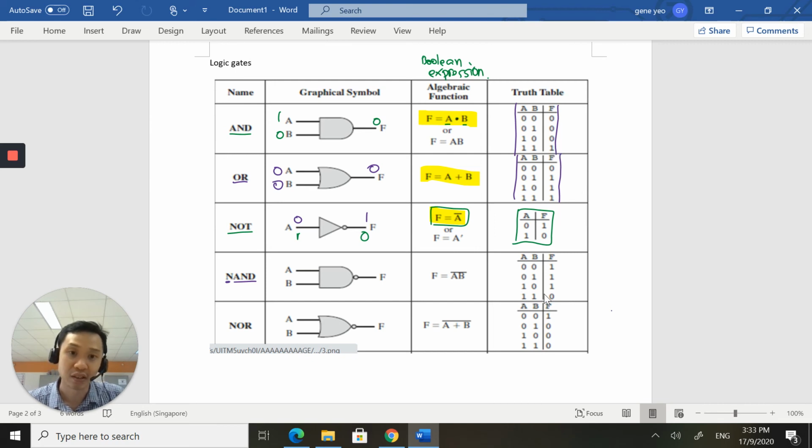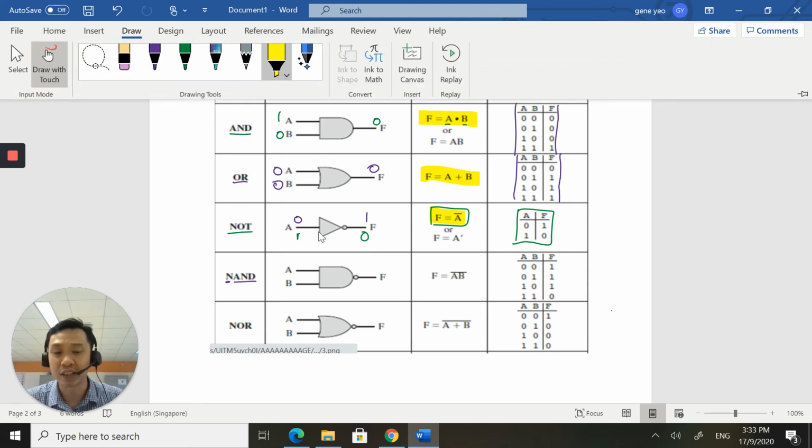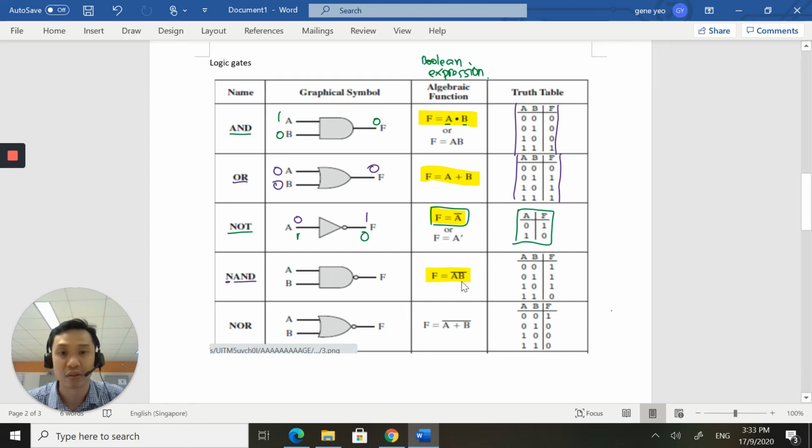NAND gives a 0. So it's the direct opposite. F equals A and B, and the bar across means NOT. So this is the Boolean expression for NAND.